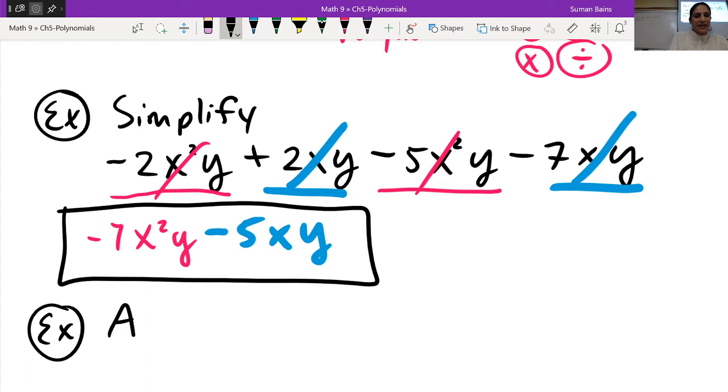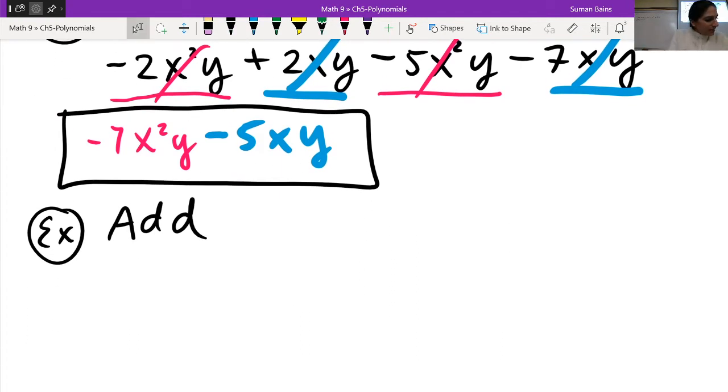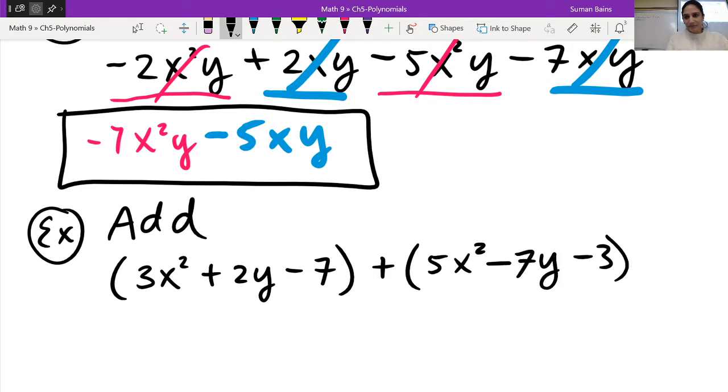So let's say instead I ask you to add. And this time we're getting fancy. We're going to put some brackets in. So we have 3x squared plus 2y minus 7, plus 5x squared minus 7y minus 3. Please take a minute to go through and see if you can do that without us even reviewing it.